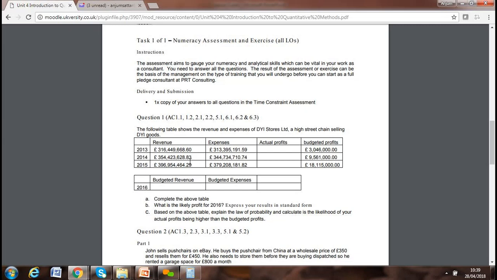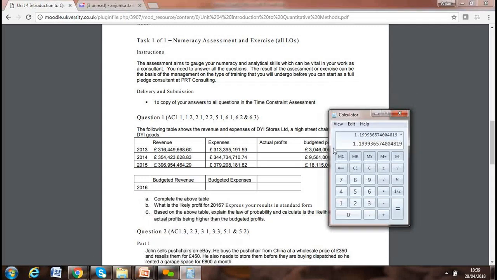There are two ways. You can add them all and divide by three, and you can find the average revenue a year. That could be, but we're looking at the trend. If you're looking at the trend, I'll round this to 20%.